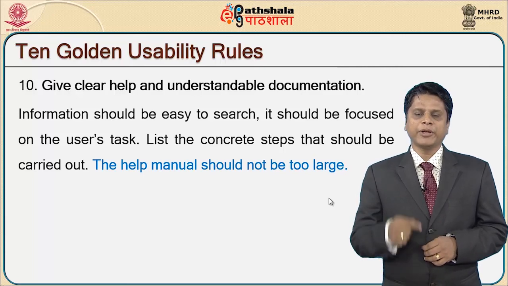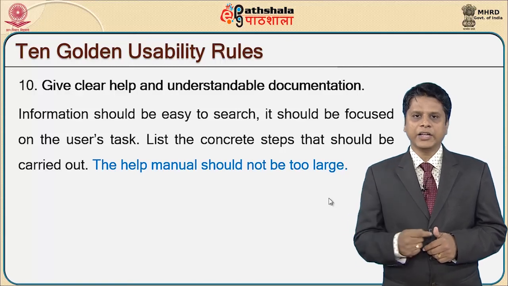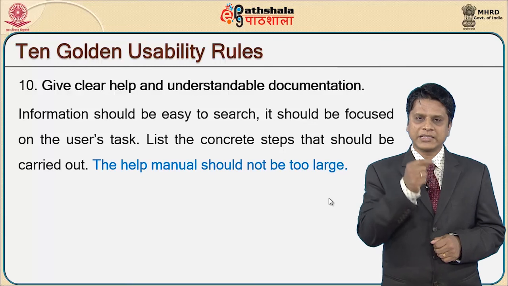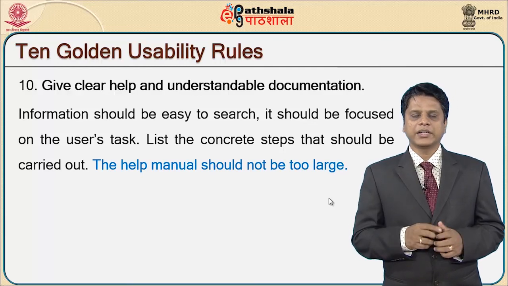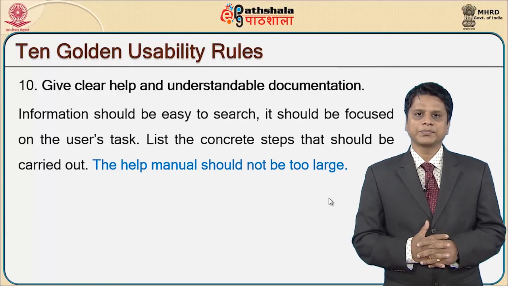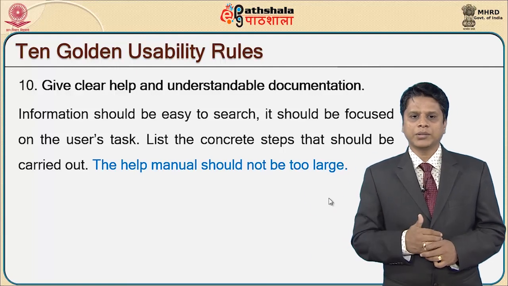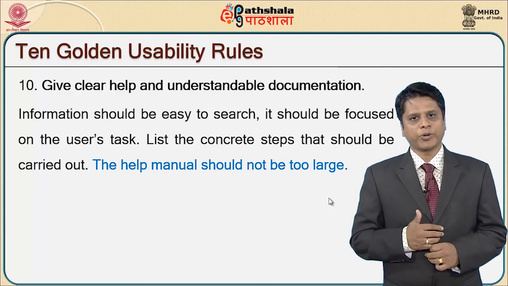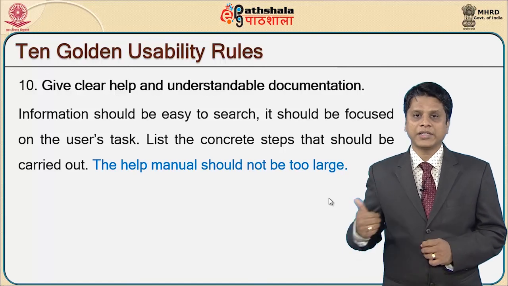Whenever we develop a user manual, it has to give a clear understanding of each and every menu, each and every button, and each and every form that we have created on the particular page, and appropriate help on the login and the logout. All such information has to be provided. The help manual should not be too large.